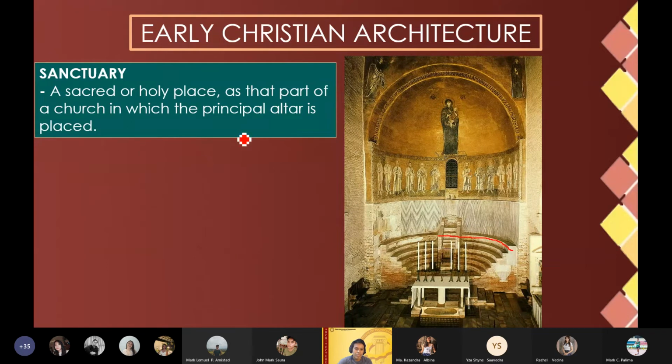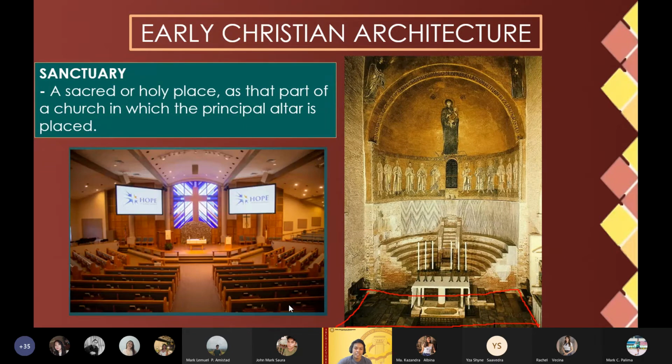Sorry. Mali. How to undo this one? Eraser. The sanctuary is this one. Asa gibutang imong altar. So again, no? This is your altar, your table. That place here, asa gibutang ang altar is the sanctuary.